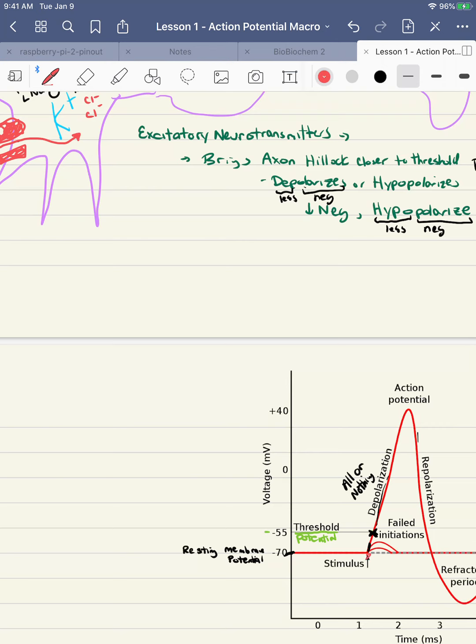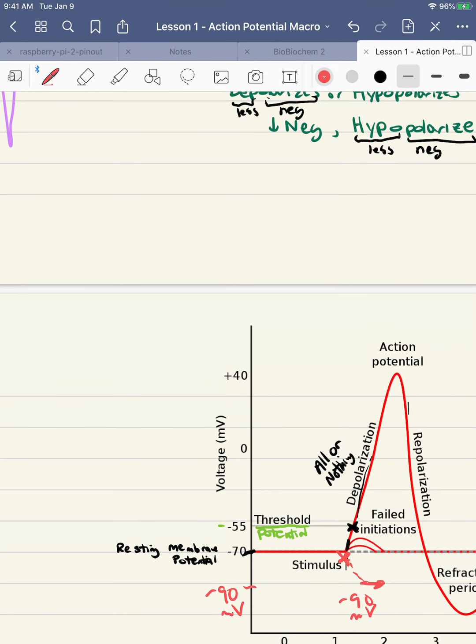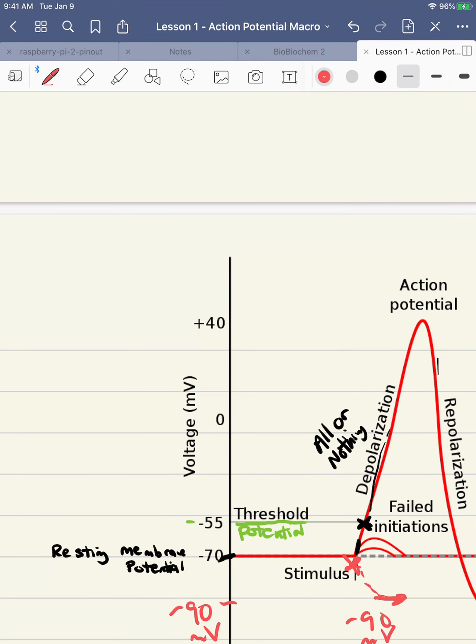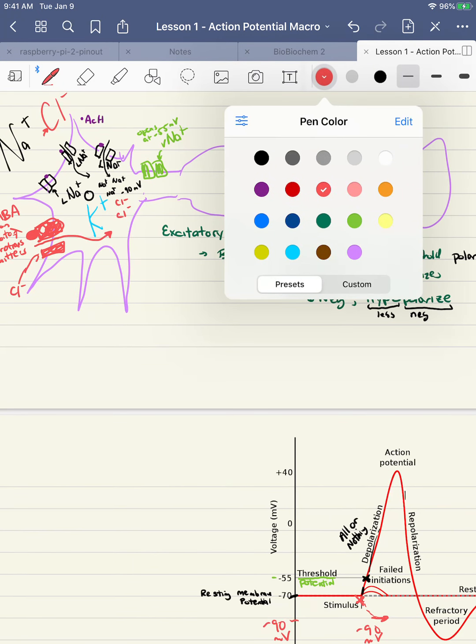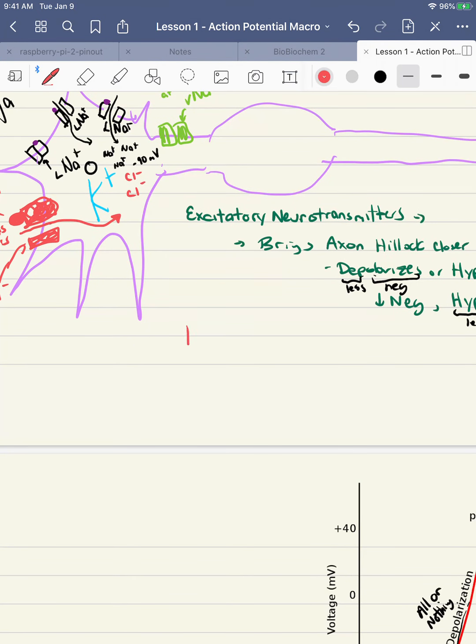We start off over here, and the cell, instead of coming up, it's going to come down. So it's going to be maybe at negative 90 millivolts. And if the cell is at negative 90 millivolts, that's even further from our threshold potential of negative 55 millivolts, which means it's even harder to initiate an action potential. And we call these inhibitory neurotransmitters.